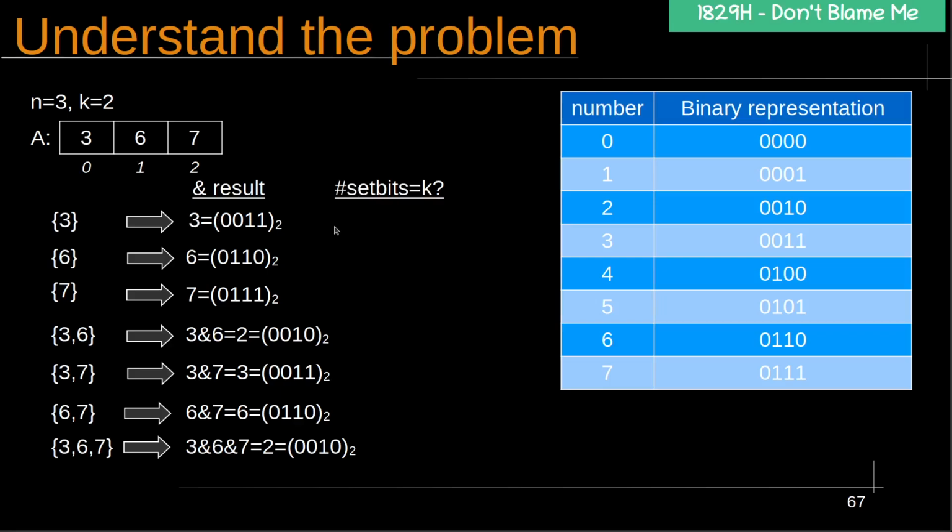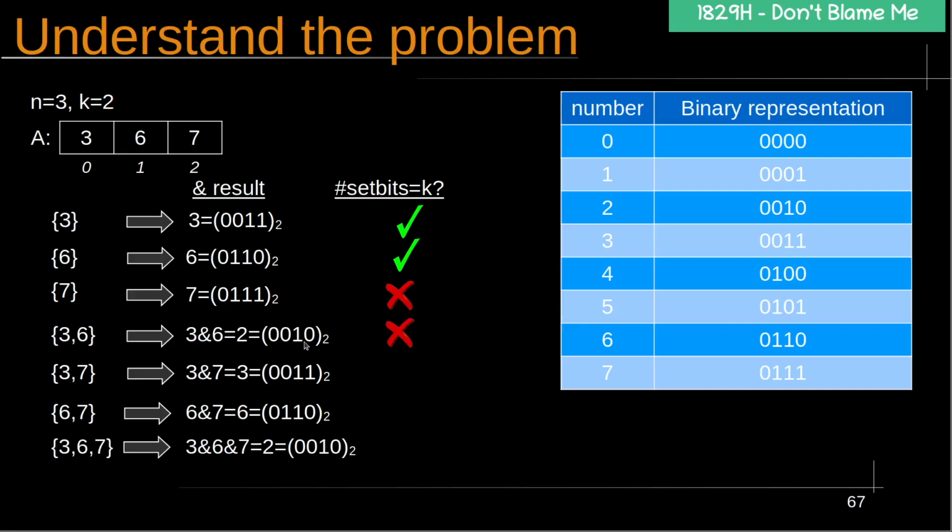Which of these subsequences have a bitwise AND equal to 2 set bits? Okay, we have this one because we have 2 set bits here, this one too, because we have 2 set bits. This is no, because here we have 3 set bits.